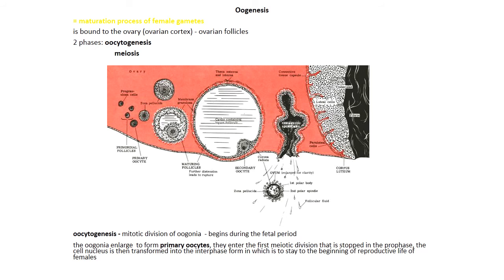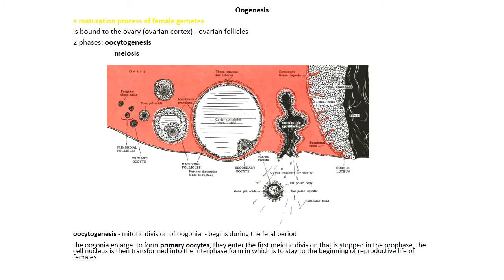Oocytogenesis: mitotic division of oogonia begins during the fetal period. The oogonia enlarge to form primary oocytes. They then enter the first meiotic division, that is stopped in the prophase at the time of birth. The cell nucleus is then transformed into the interphase form, in which it has to stay until the beginning of the reproductive life of the female.